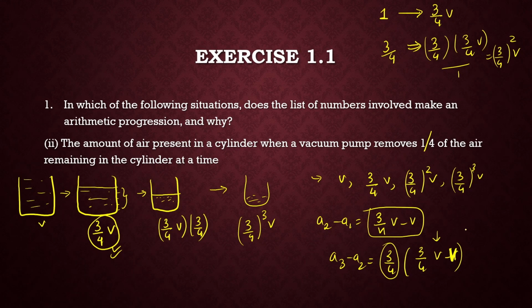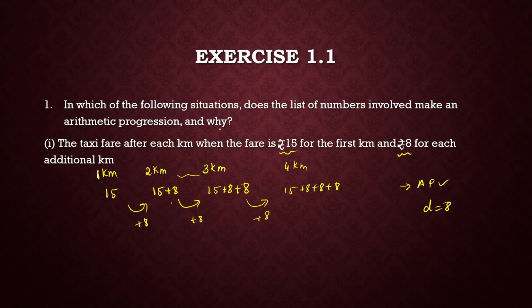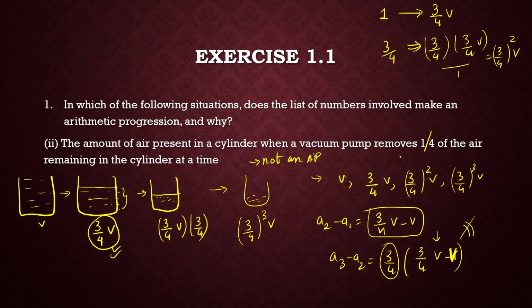So the common difference is not equal, and since it is not equal, it is not forming an AP. The previous case is an AP because we had a common difference. Here, the common difference does not exist.